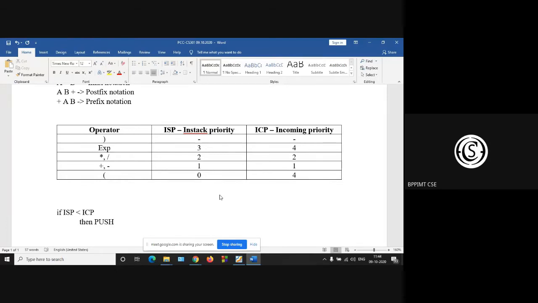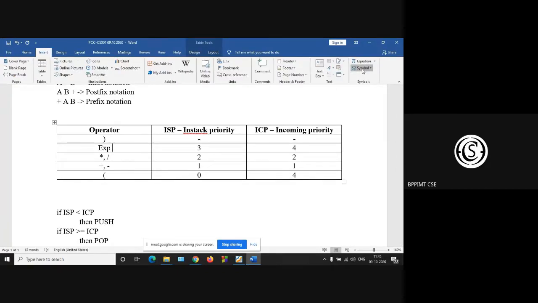Otherwise, if in stack priority is greater than or equal to incoming priority, then pop.